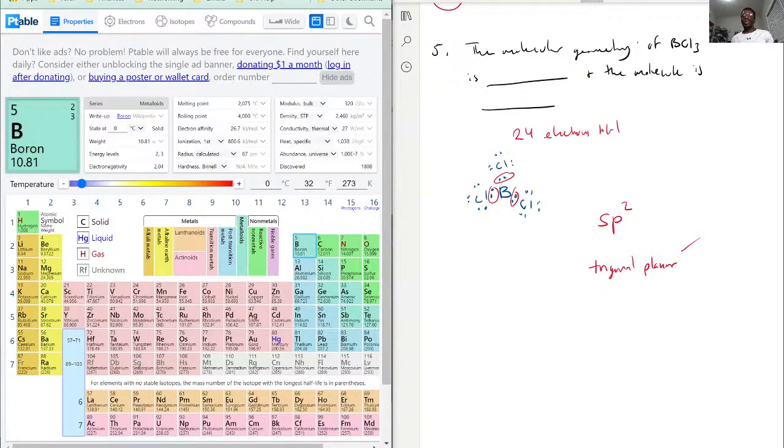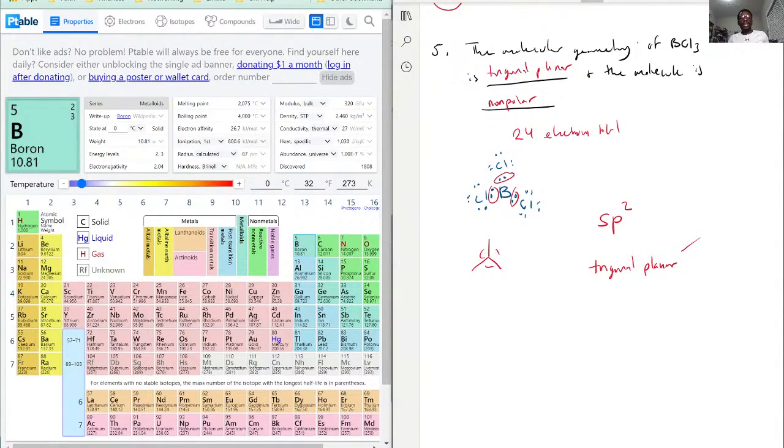And with there being a polar bond, we have to now look at whether it's counteracted. So if it's trigonal planar, it means that everything is done in an even 120 degrees, okay? So if everything is just pulling from the center at 120 degrees each one, they actually all cancel each other out. So this is truly non-polar because of what they do when they cancel each other out, okay? And the molecular geometry discussed is indeed trigonal planar.